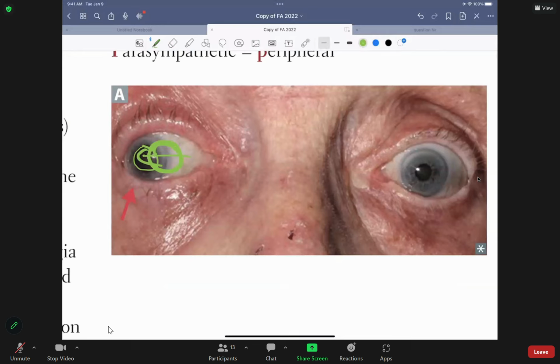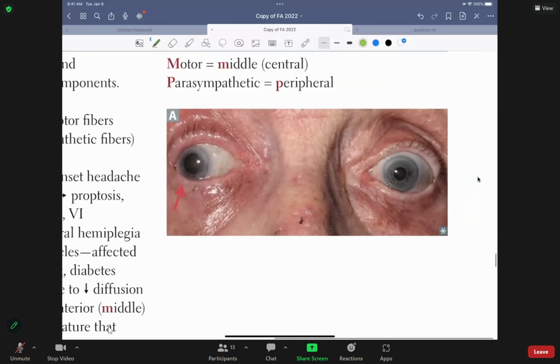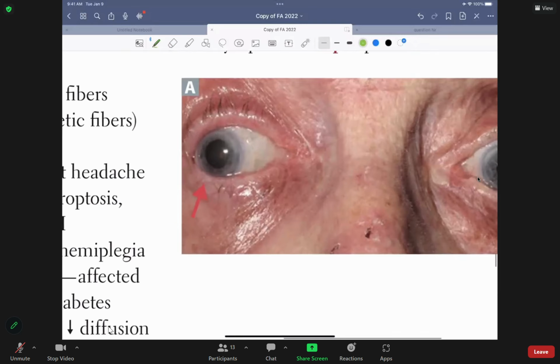Is that clear, folks? Now, that's why when a patient comes in, for example a brain dead patient, which we're going to talk about, one of the reflexes we check is the eye reflex, right? We could look at it and tell if it is worse or not. So for this patient particularly, I'm going to say it's a pretty severe compression because parasympathetic and motor fibers are both getting affected here.